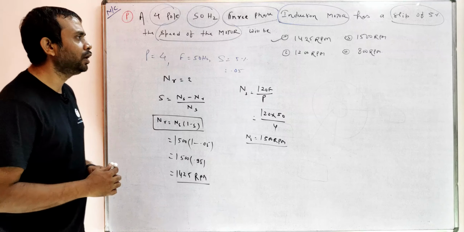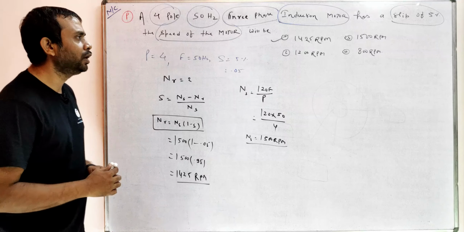Basically this problem can be modified in different ways. It may ask you to find the frequency in the rotor, the frequency of the rotor EMF, or the frequency of the current induced in the rotor.